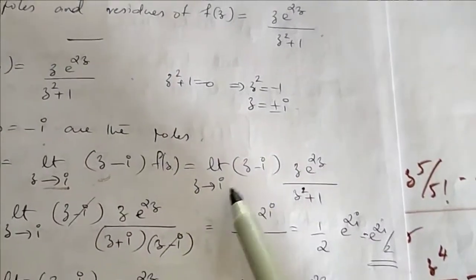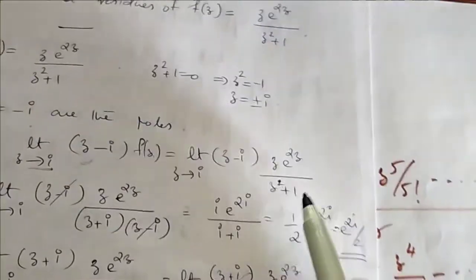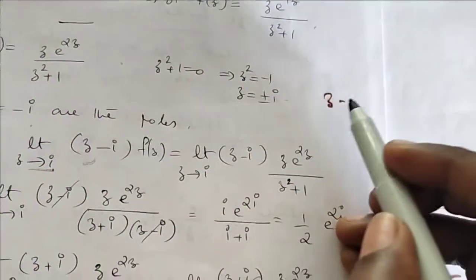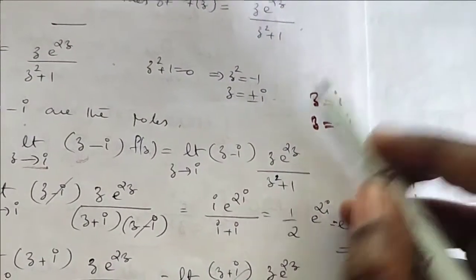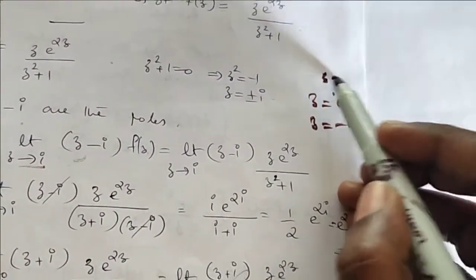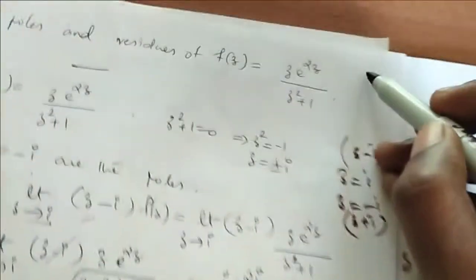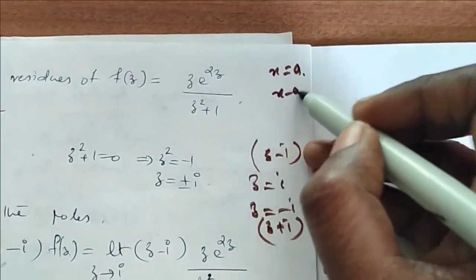That is the limit as z tends to i of z minus i into z e raised to 2z by z square plus 1. If x equals a is a root, then x minus a will be a factor.